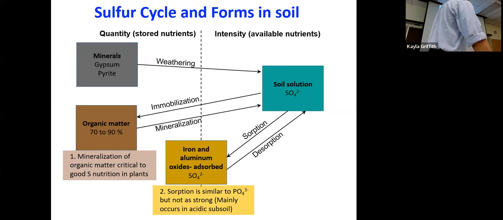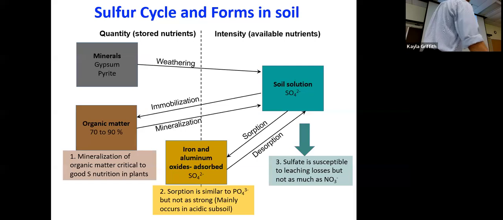Anyway, sulfate still can form strong bonds at the surface, but it's still fairly readily leachable. So it's not like phosphorus in most scenarios. It still can be leachable under normal pH conditions, but it's nowhere near that of nitrate. Nitrate's like water, right?